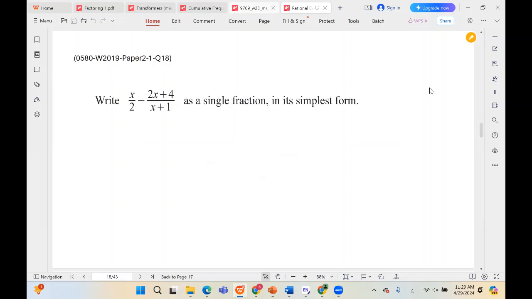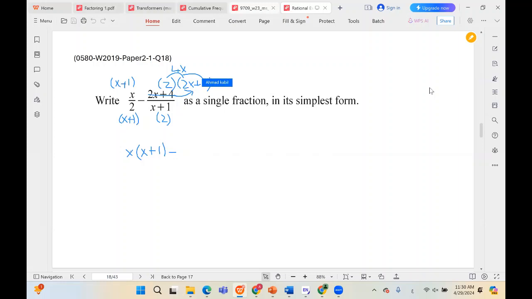Again, the idea here is to have x plus 1 here and to have 2 here, and then copy in the numerator. So you get these expressions. And then we have x times x plus 1 minus, and then you multiply 2 times 2x plus 4. 2 times 2x is 4x, and 2 times 4 is 8.